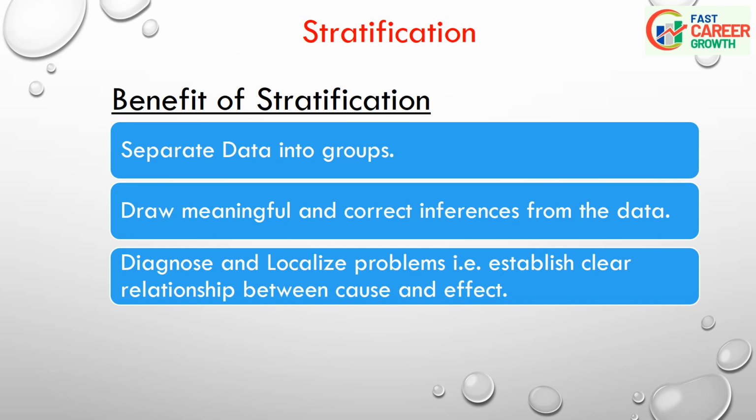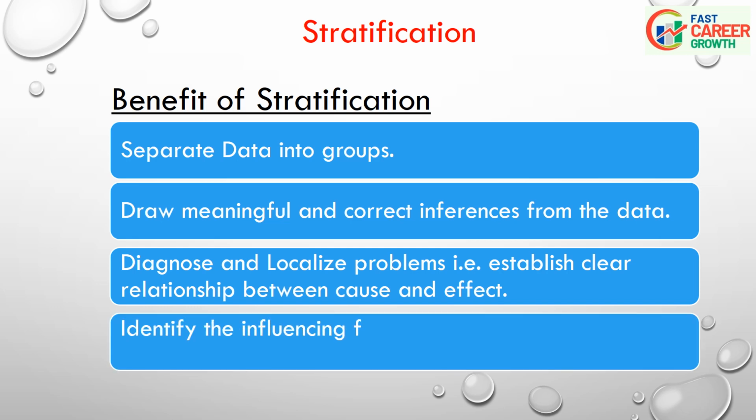For instance, if you are experiencing defects in a manufacturing process, separating the data into groups based on variables like machine operators, shifts, or equipment used can help pinpoint where the issues are originating. You can then focus your efforts on addressing these specific problem areas.